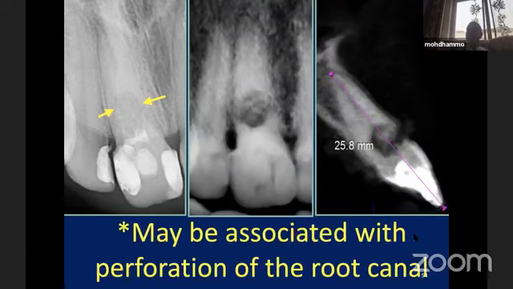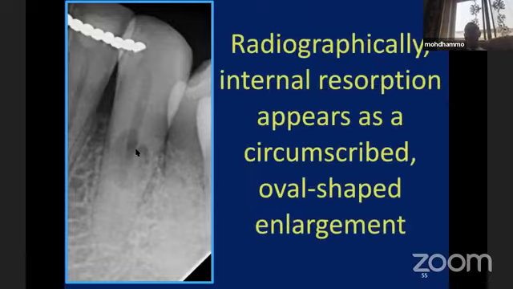So this is another case here. We have a big internal resorption, and unfortunately the patient did not go to the dentist. This resorption advanced, and it appears as a circumscribed oval-shaped enlargement.